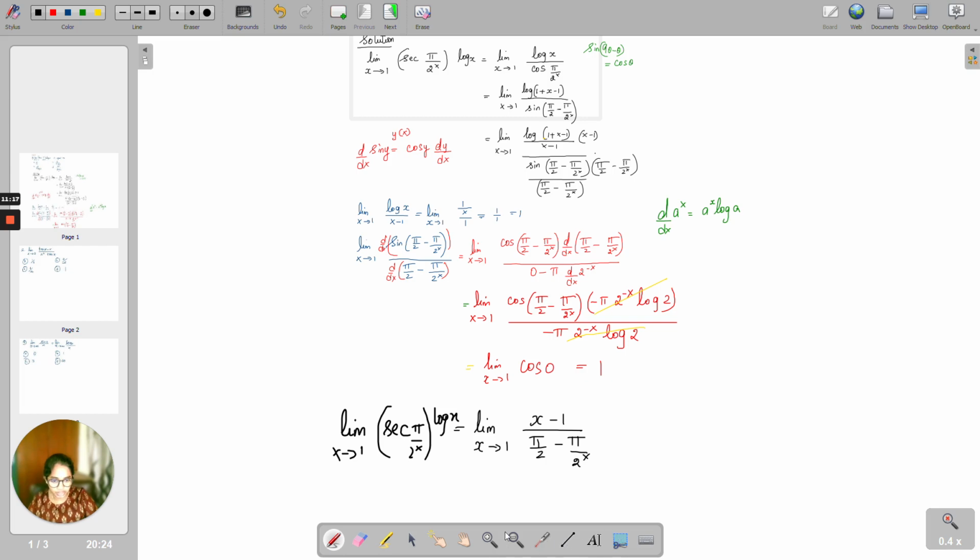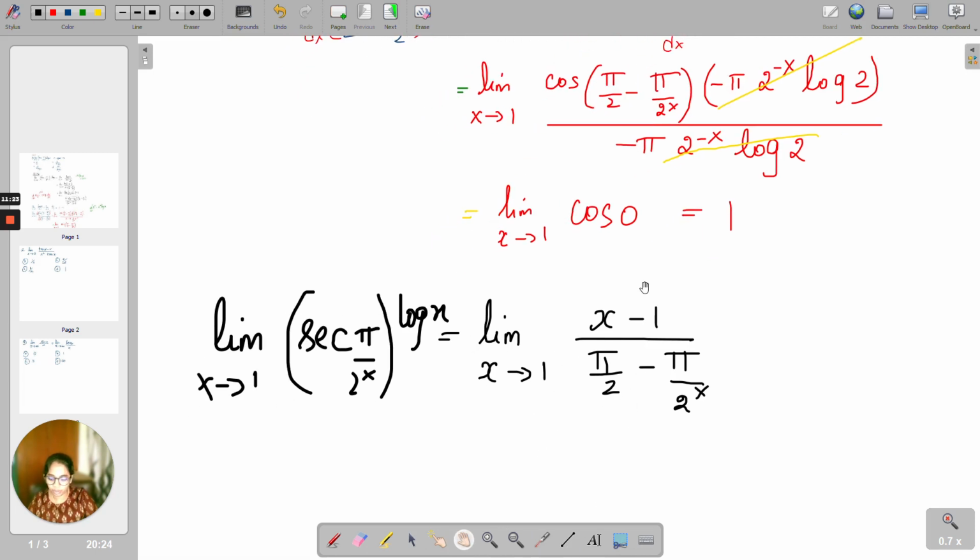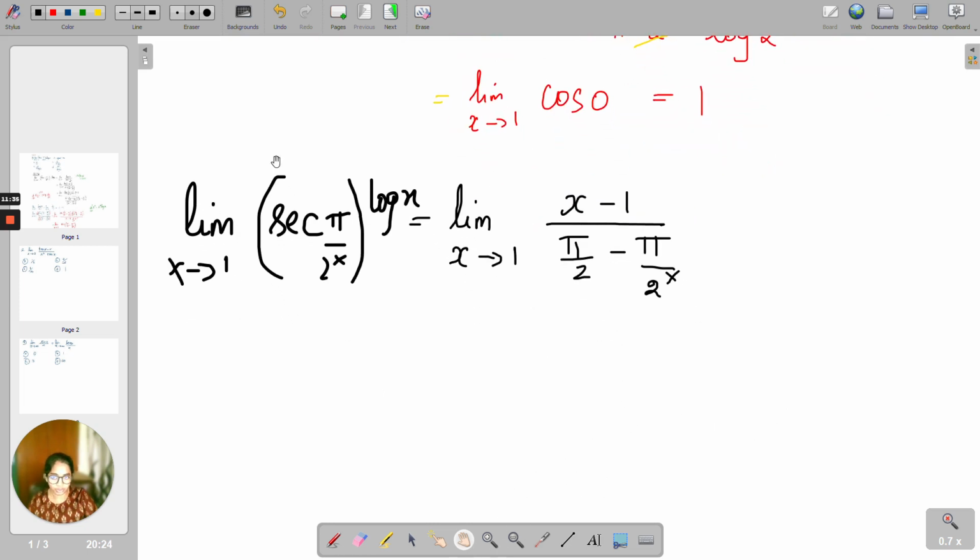Now, what happens if I apply the limits? I would get 1 minus 1, which is 0. I would get pi by 2 minus pi by 2 again, which is again 0. So what should I do? Let me apply L'Hospital's rule.